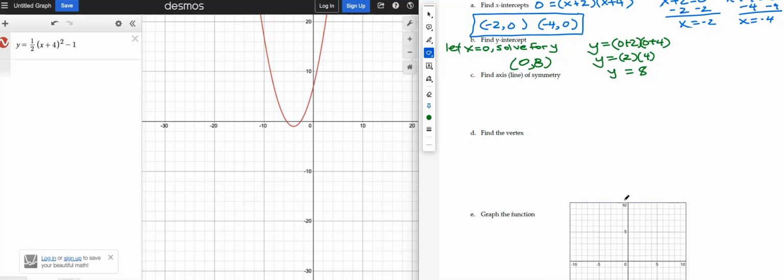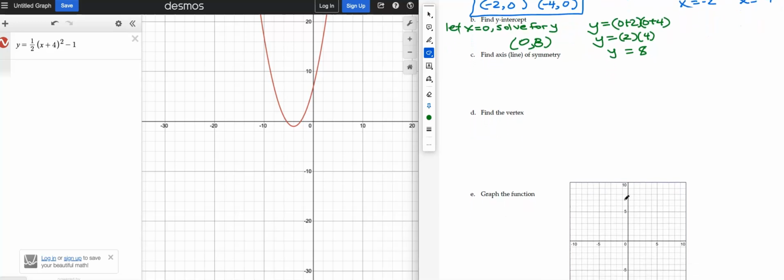Let me scroll up and put these points in so we can see what's happening so far. Over -2, up 0, so there's one x-intercept, and then -4, 0 is there. I know my y-intercept is 0, 8, so over 0, up 8 will be there.